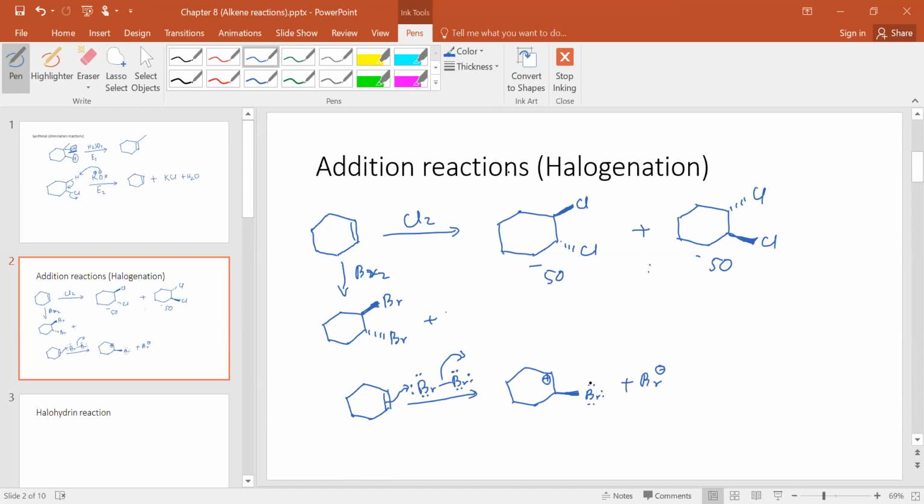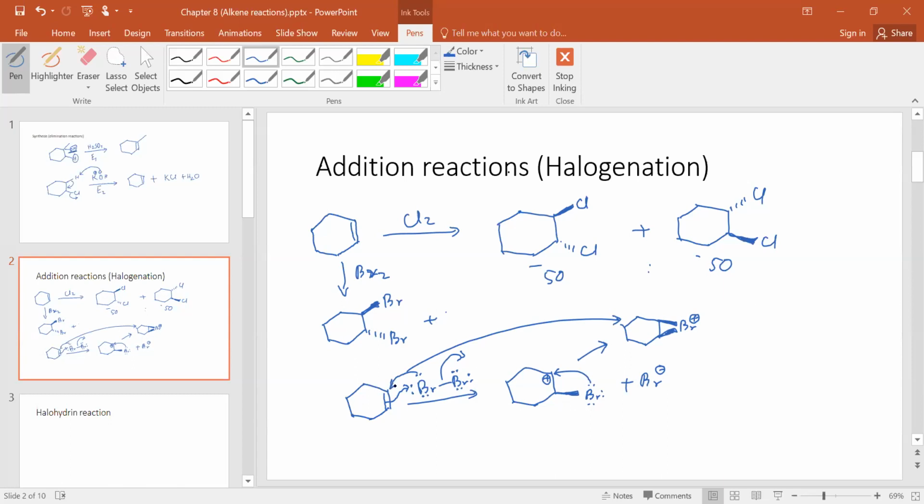So this can react with this, and then it will form a bromonium ion. This reaction actually happens directly, and we can show it in one step.